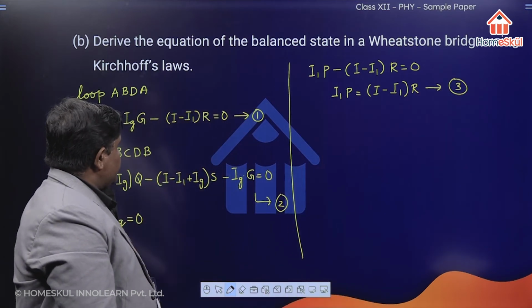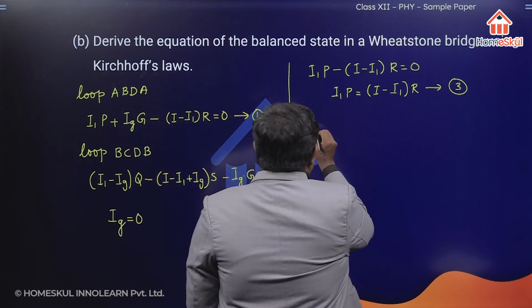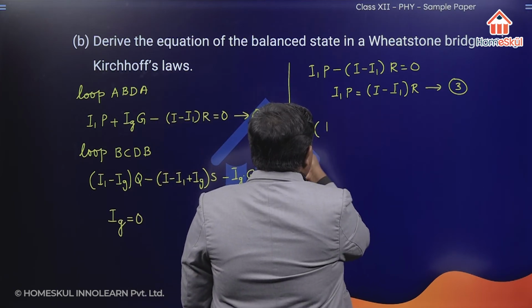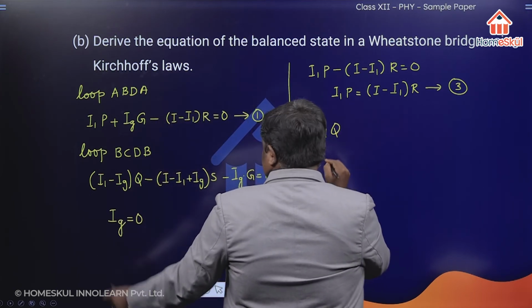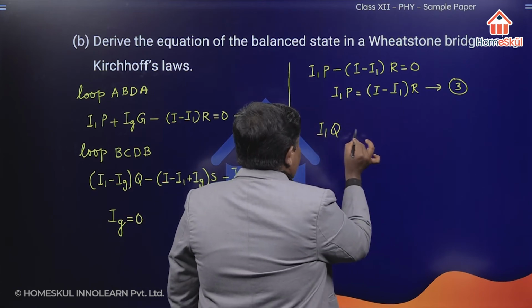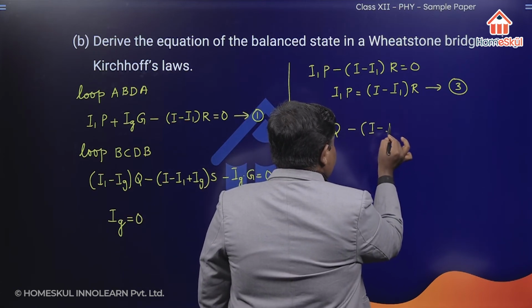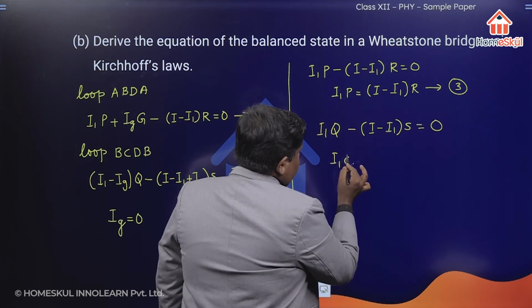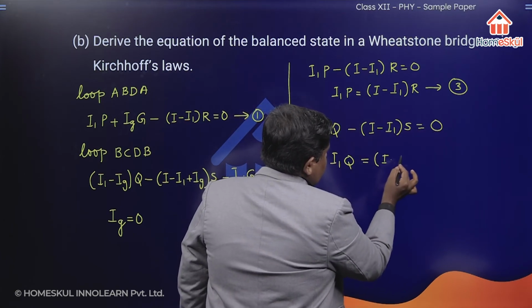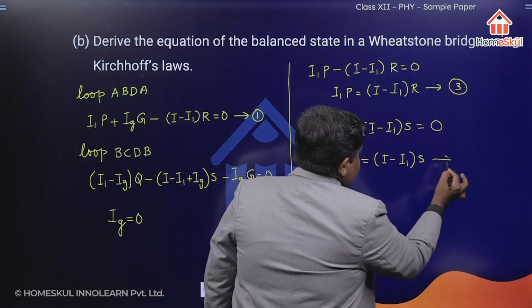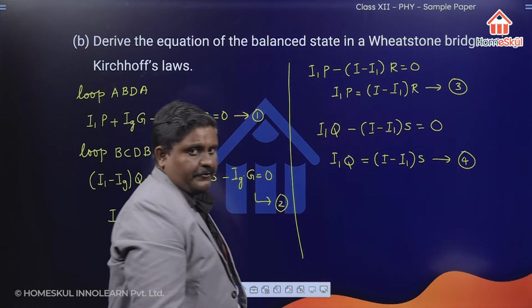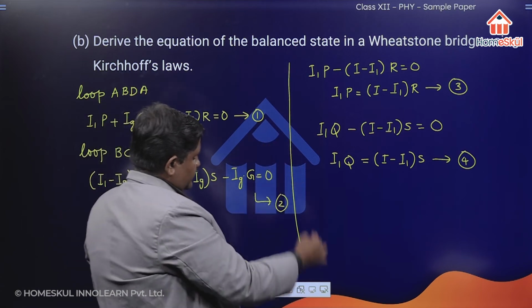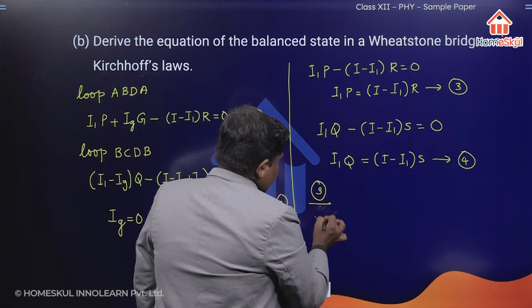Then equation 2 becomes I1Q, because Ig becomes 0, minus (I minus I1) into S equal to 0, or I1Q is equal to (I minus I1) into S. This is our equation 4. Now divide equation 3 by 4.